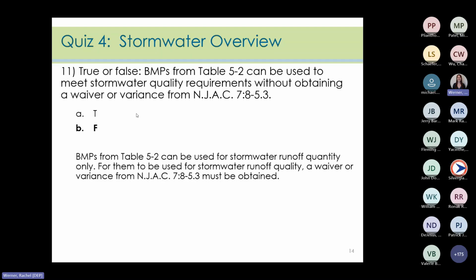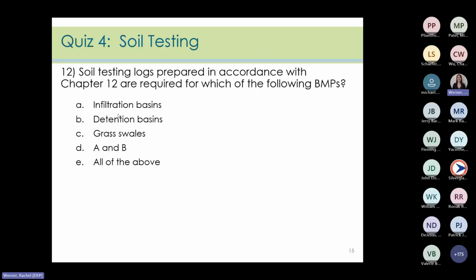For them to be used for stormwater runoff quality, a waiver or variance must be obtained. So last time we had 57% of people get this correct, and today we had 67. So that's great. Looks like 10% more each time.